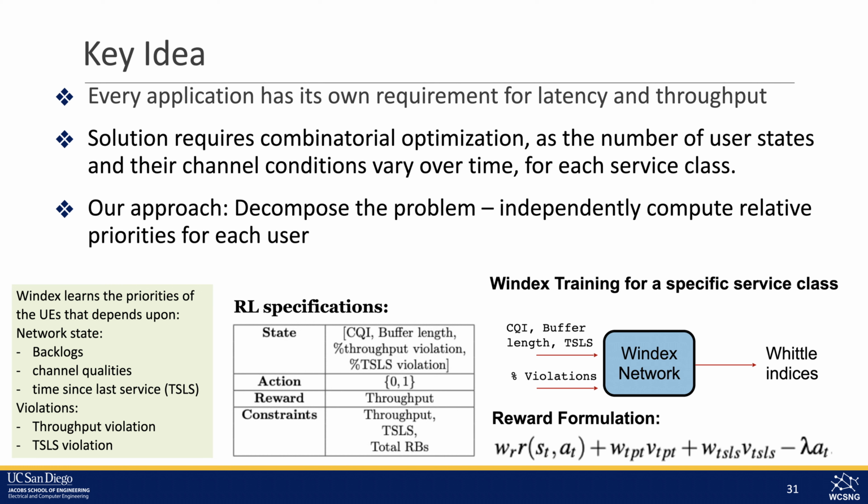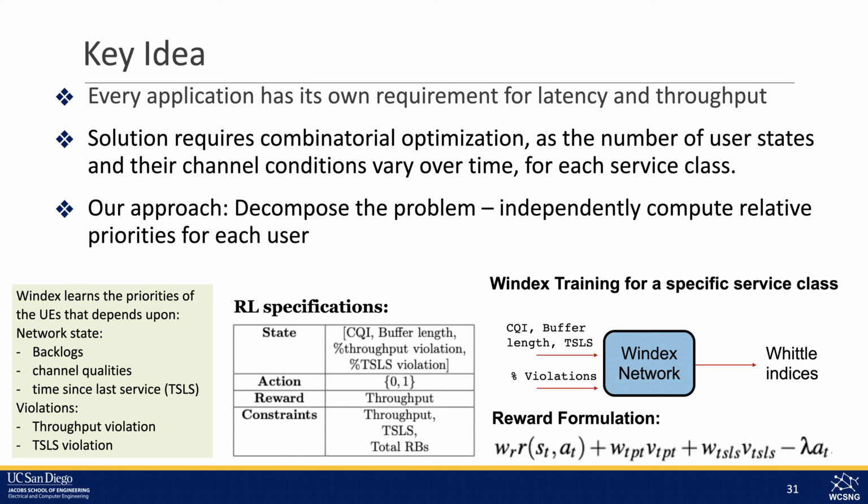And the other input to the state is the violations, that is how much violation the UEs have with the current scheduling, what is the violation from the throughput that the UE wanted, and also what is the violation from the latency that the UE actually desires. So, this was our RL specification, where our state includes the network states, that is CQI, backlog length, and the time since last service, and also the percentage violations in terms of latency and throughput.